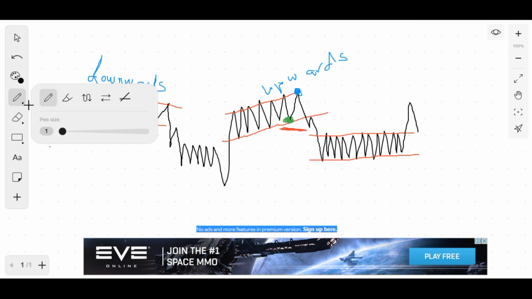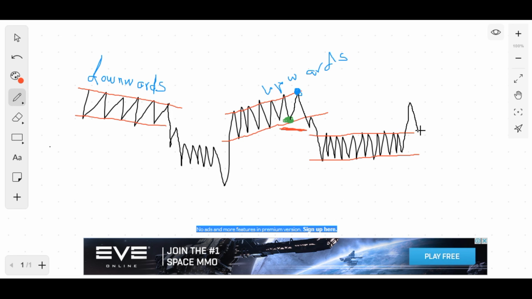Let me extend the trend lines. So what you have to do is you wait for a retest of the trend line, and then you go for a buy. Okay, you go for a buy. So this point right here is a retest of the trend line.